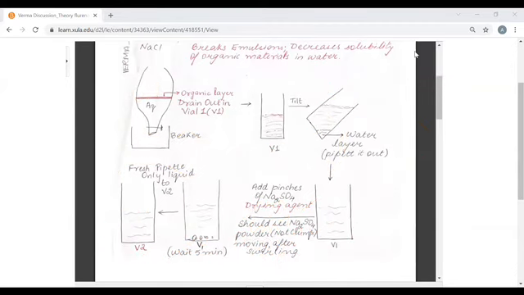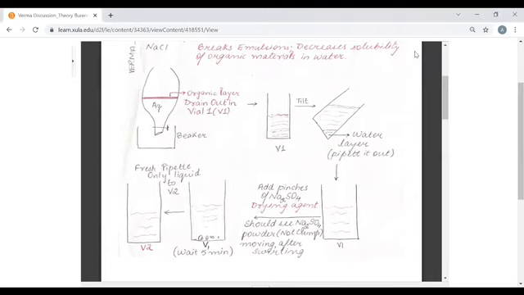Once you have your materials in the separatory funnel, your organic layer is at the top and your aqueous layer is at the bottom. You will drain out the aqueous layer in any beaker and keep it aside.